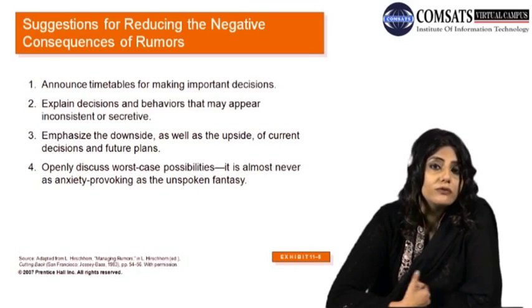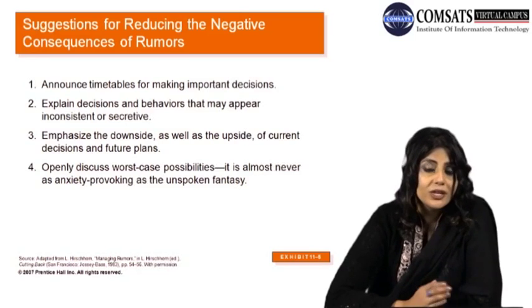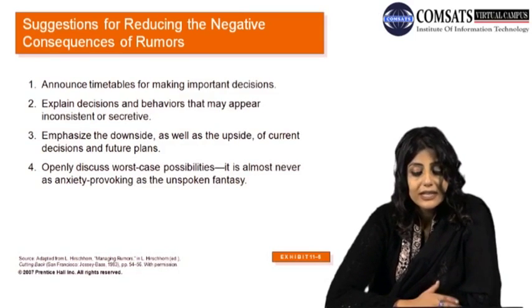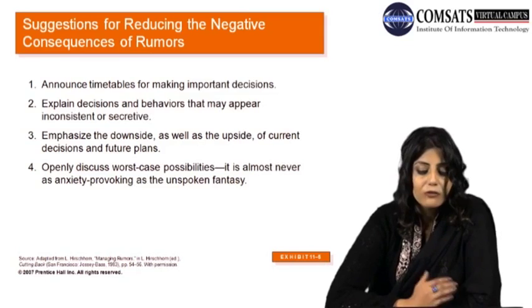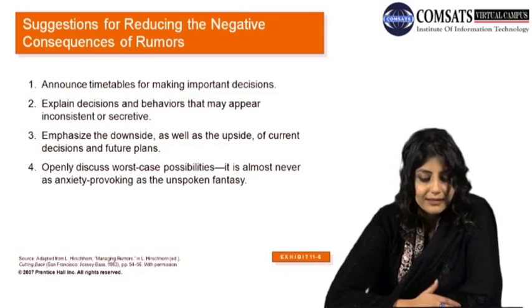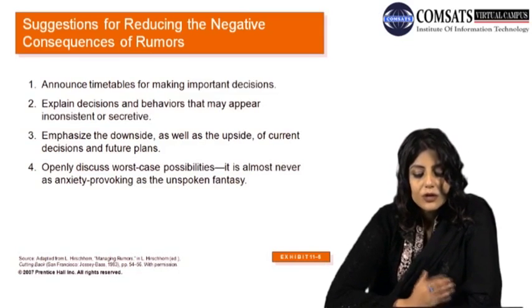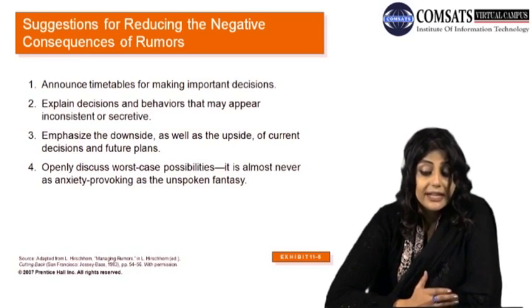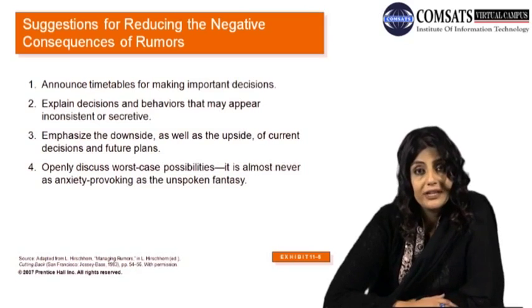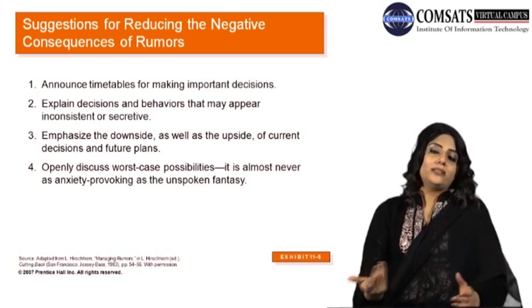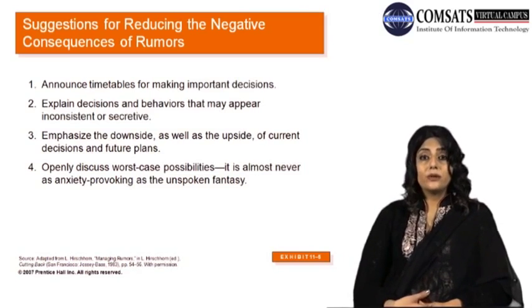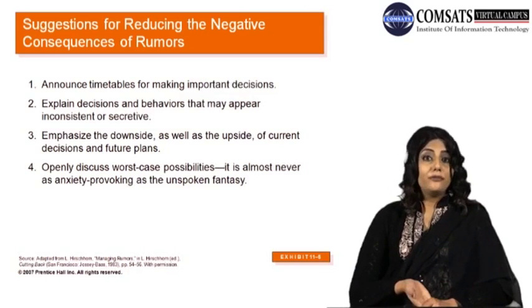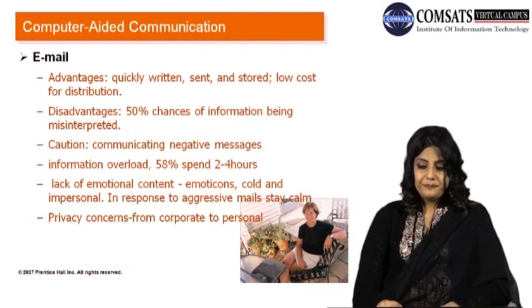The managers need to give those explanations, and that can reduce the anxiety of the employees. Then emphasize the downside as well as the upside of current decisions and future plans. Openly discuss worst case possibilities. It is almost never as anxiety provoking as the unspoken fantasy. So if you discuss what is unexpected or what is undesirable with the employees, that is better than if you keep that unspoken.